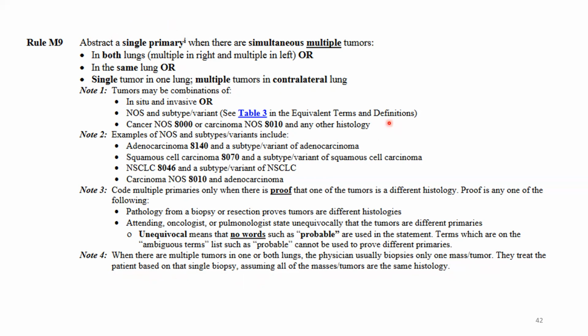We already know that's one single primary. So we've already kind of been through all of these other rules. And we know that here's some examples of NOS and subtype variants. We know those are single primaries based on the rules that we've already been through.